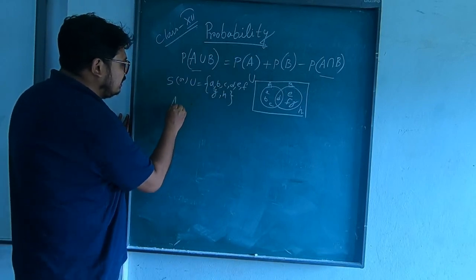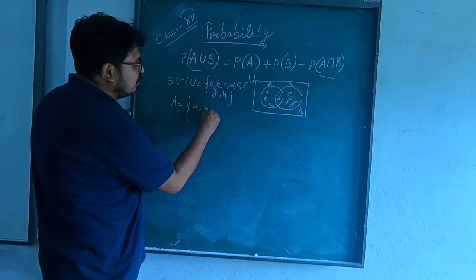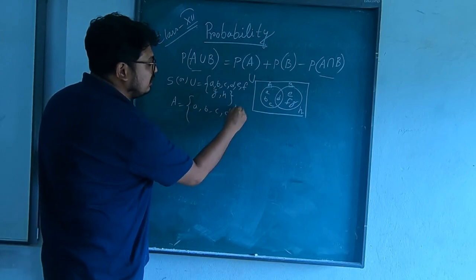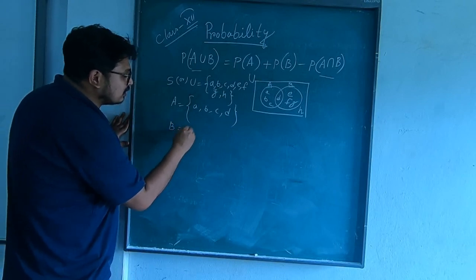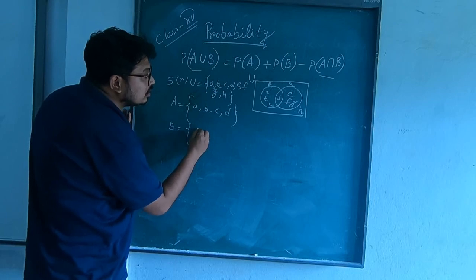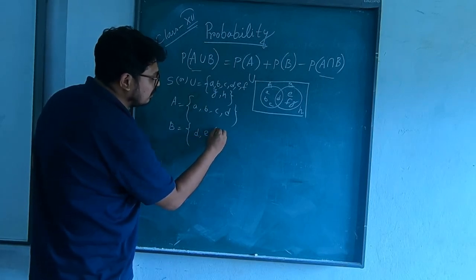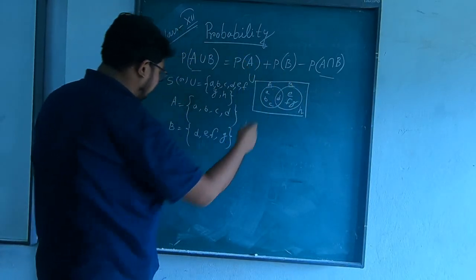Now in A, what elements are there? In A, B, C, D, these four elements are there. In the B set, D, E, F, G are the elements present.